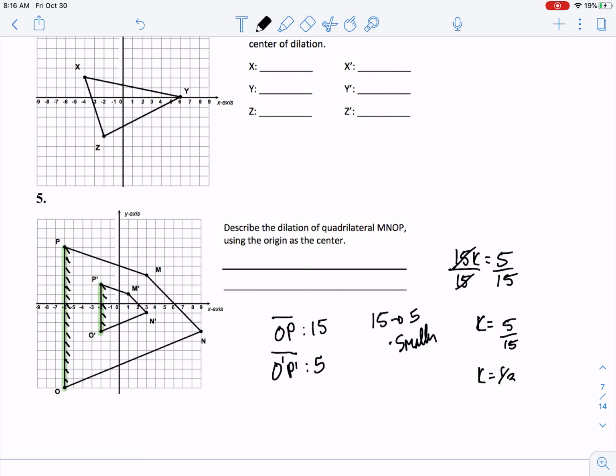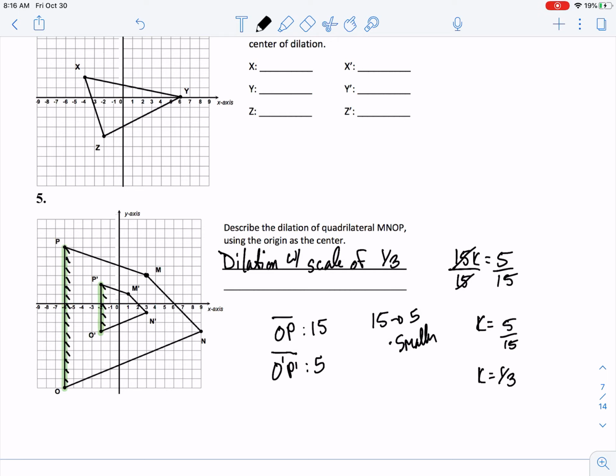K is equal to 1/3. So it's a dilation with scale factor of 1/3.